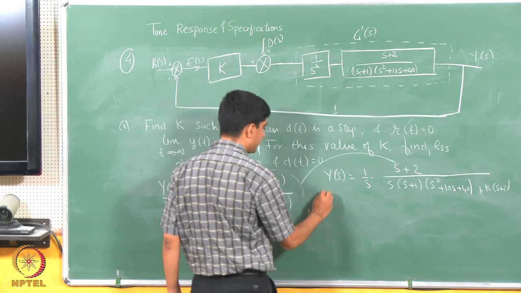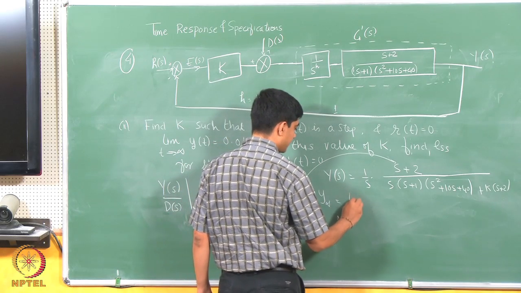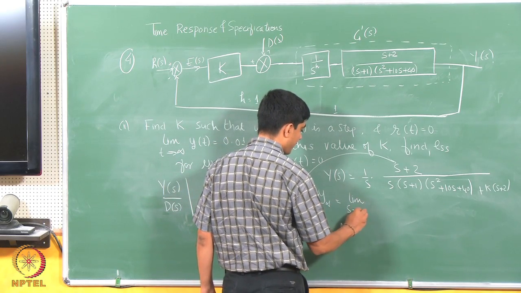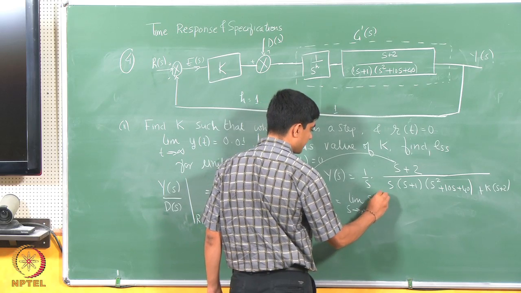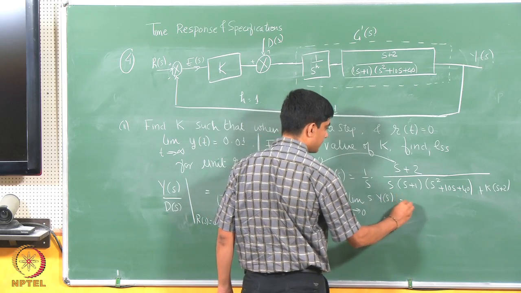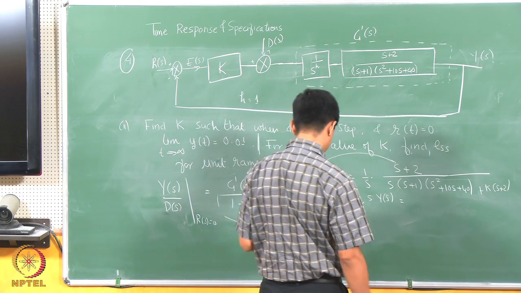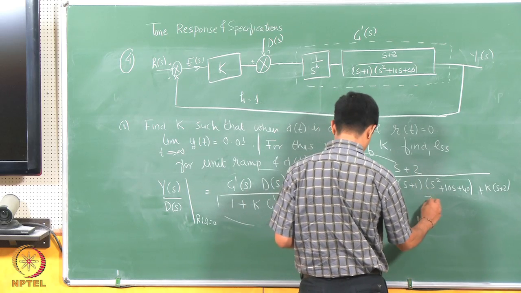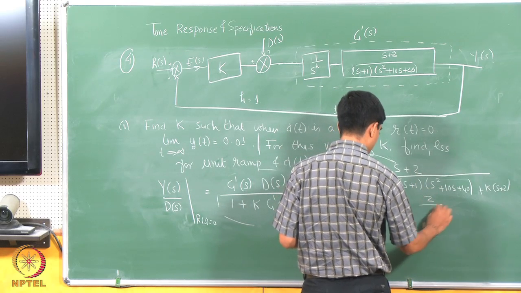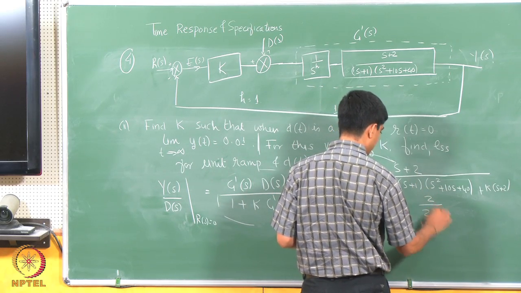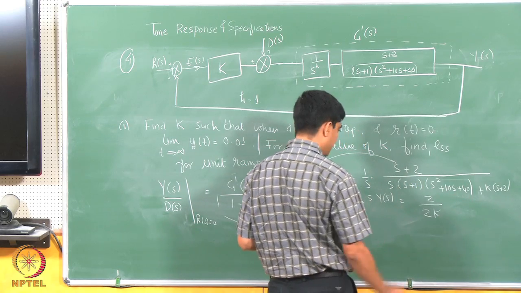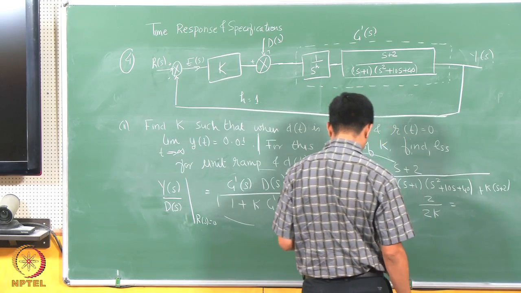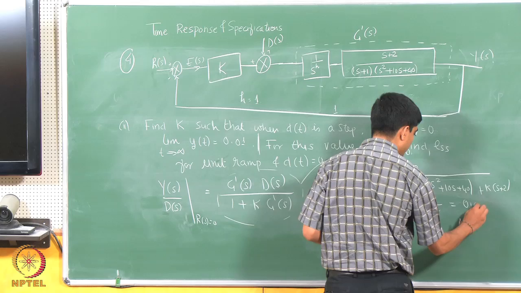Now, y at infinity, again I apply the final value theorem, limit s going to 0 of s times y(s), and I do all the math and I get this is 2 over 2k, right. So, 2 and everything else will disappear, and this y at infinity should be equal to 0.01, right.